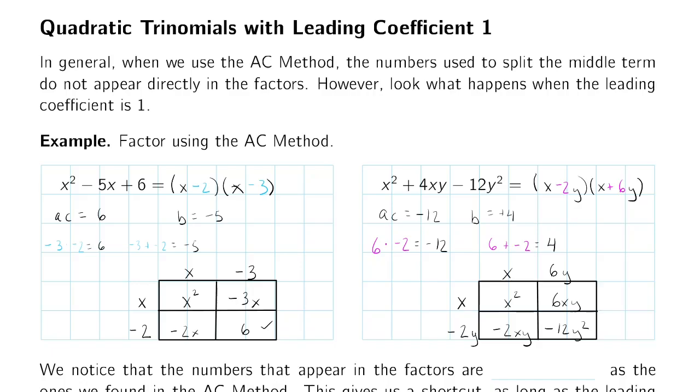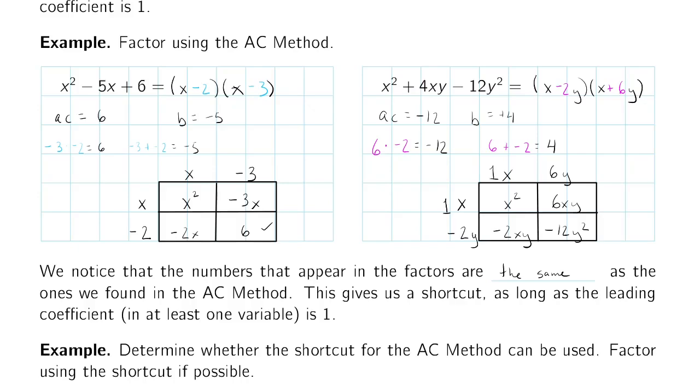Whenever we have a 1 in our first row, first column, the numbers that show up in the factors are going to be the same numbers that split up the middle term. So in the case where the leading coefficient is 1, we don't need to go through the whole AC method. Instead, we have this shortcut.